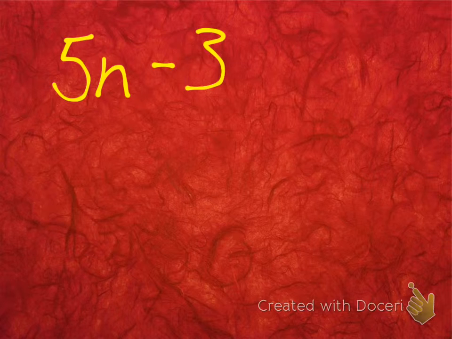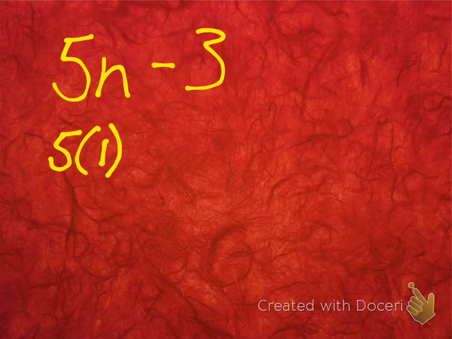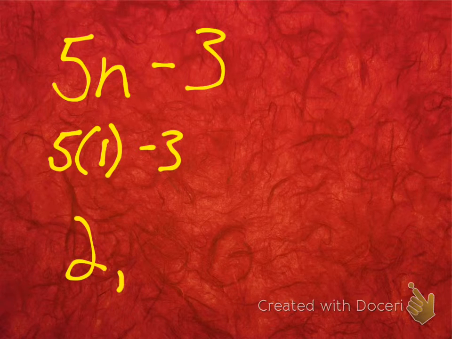What is my n going to equal on the first number of the sequence? 1. That's the whole point of n. So, let's plug 1 in. 5 times 1 minus 3 is 2. 2 is the first number of our sequence. If that's the case, what's my answer? B is the only one that has 2 first.